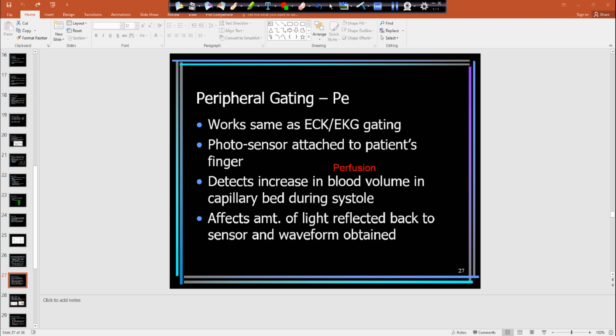But all you need to know now is the term perfusion just means increased blood volume within the tissue. So then that photosensor detects that increase in perfusion within the capillary beds and starts the pulse sequence. And you still have your safeguards, your trigger window, and your trigger delay.